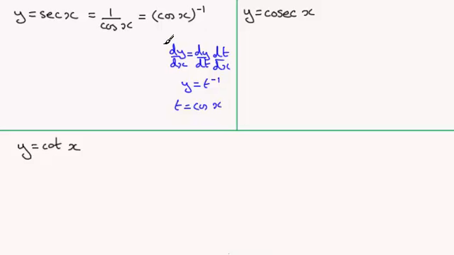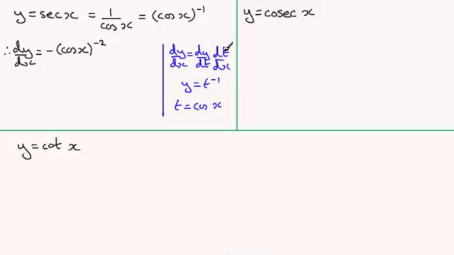The chain rule then. Now, in order to get dy by dx, we've got to first of all find dy by dt. So if I differentiate t to the power minus 1 with respect to t, that's going to be minus t to the power minus 2. So that's minus t, but t is cos x, so that's cos x all to the power minus 2.